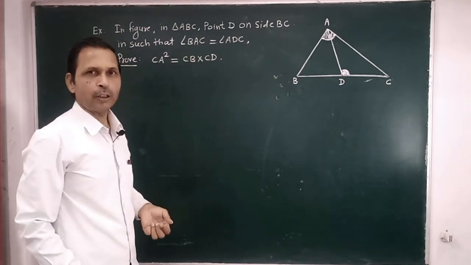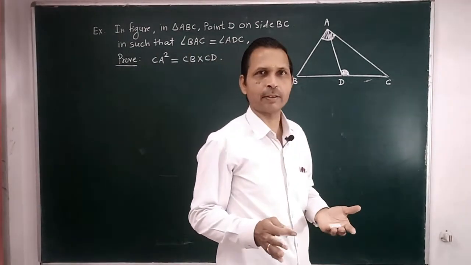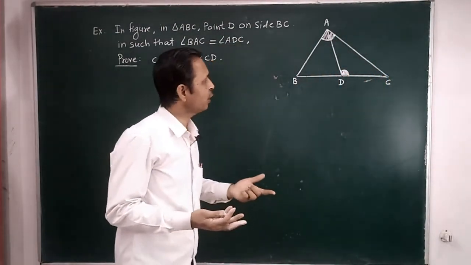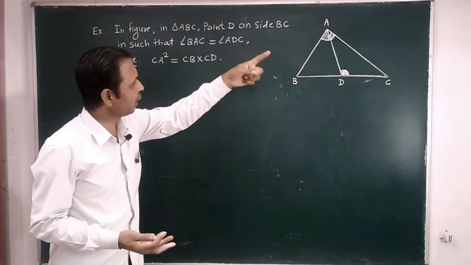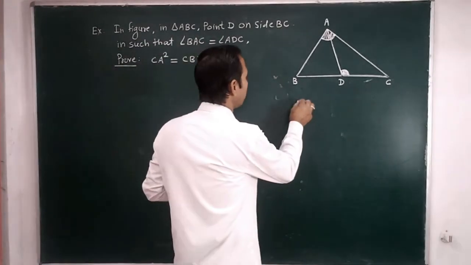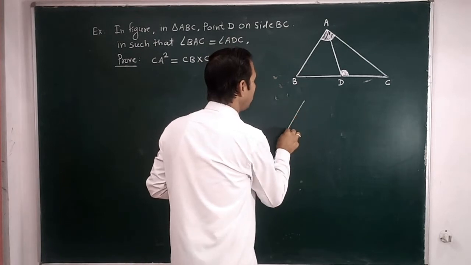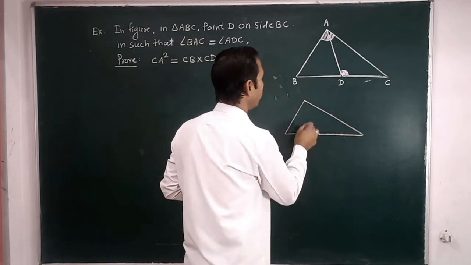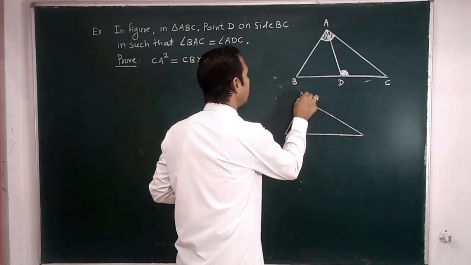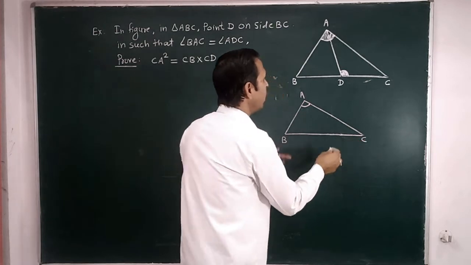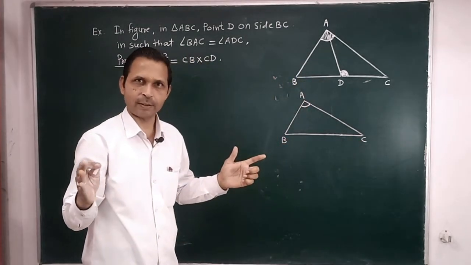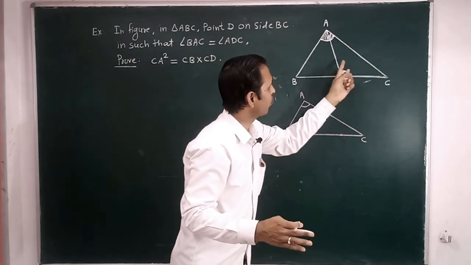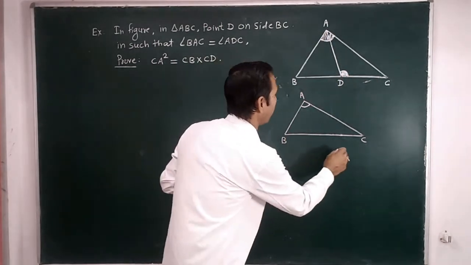Now for this purpose we must take two triangles and show these two triangles are similar. Now which triangles do we take here? First triangle we take is ABC, this is the original triangle. If we split these two triangles, if we remove this triangle ADC from this figure, then what happens here?